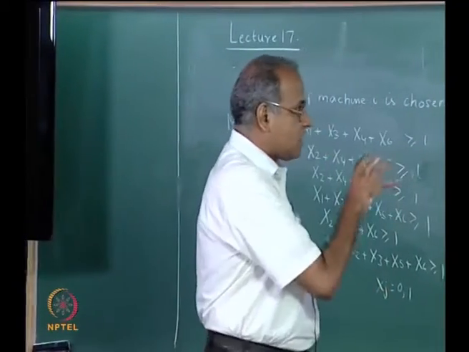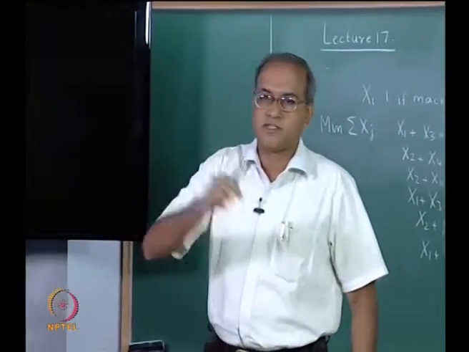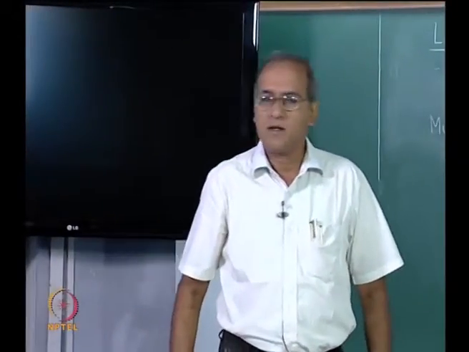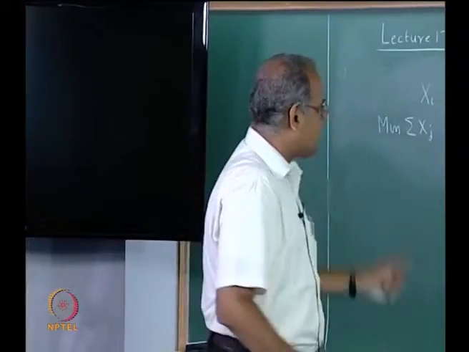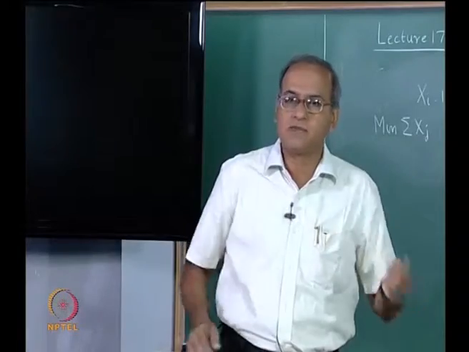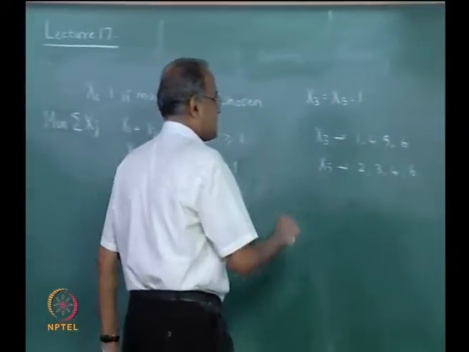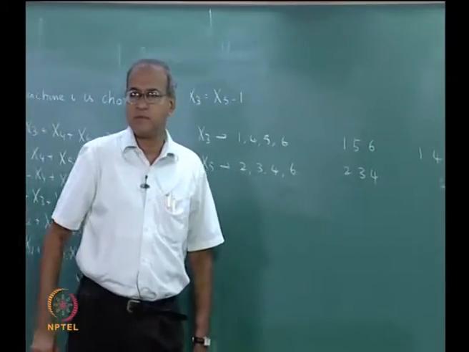But all those we cannot do with the data that we have because we have not given the processing times. At the same time, the simple thumb rule that you balance by giving an equal number of operations will work. So, we need to look at a few other aspects of this problem.